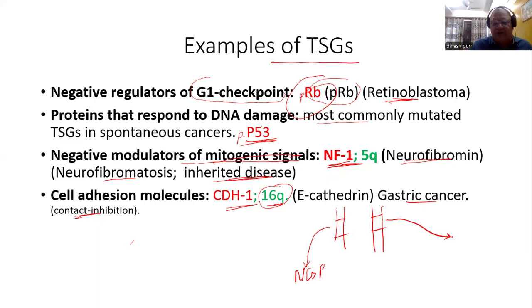This is also encoding a normal gene product, of course pRB, a tumor suppressor protein. अगर एक mutation हो जाए, single hit mutation, the cell will not undergo oncogenic transformation.